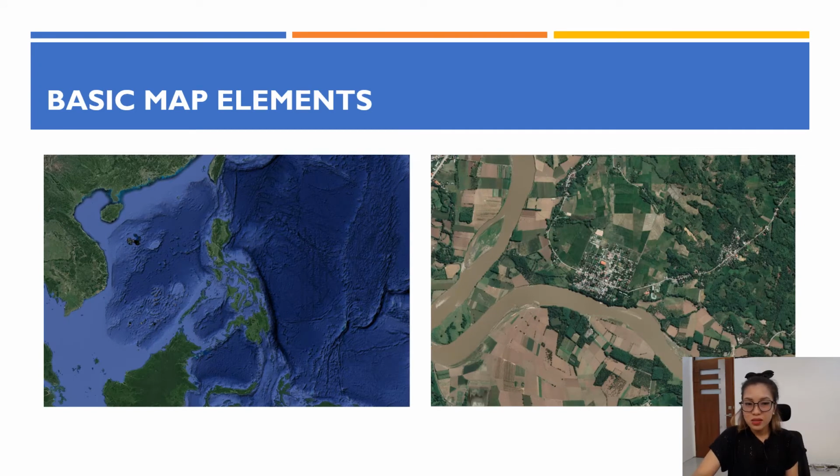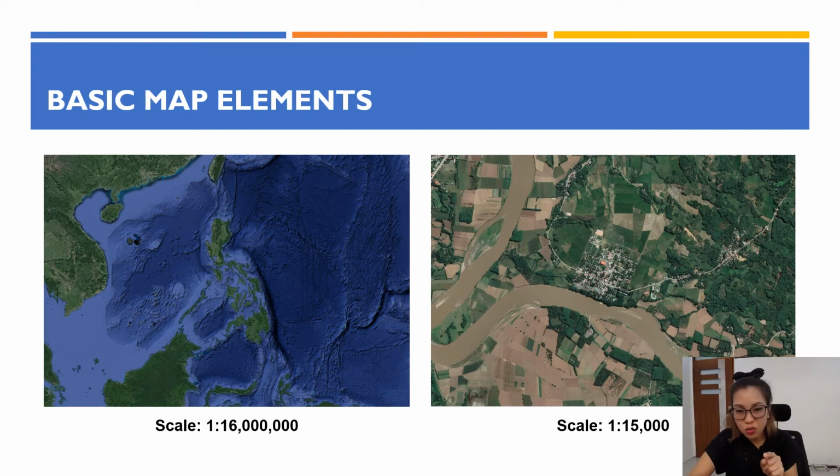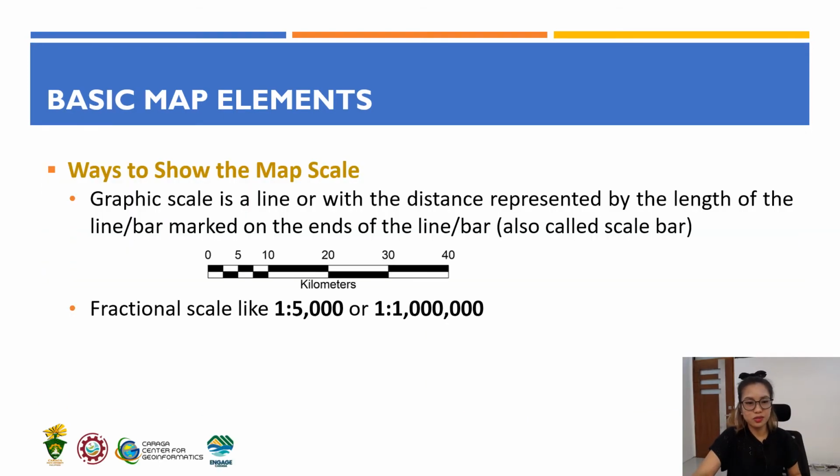Okay? So we have the basic map elements still in the scale nga element. So scale for this one on the left is 1 is to 16 million. Okay, layo na kayo no, makita na to ang Philippines. But this one is 1 is to 15,000. Mas zoom na siya, makita na nimo ang mga balay o ang mga division sa mga roads.